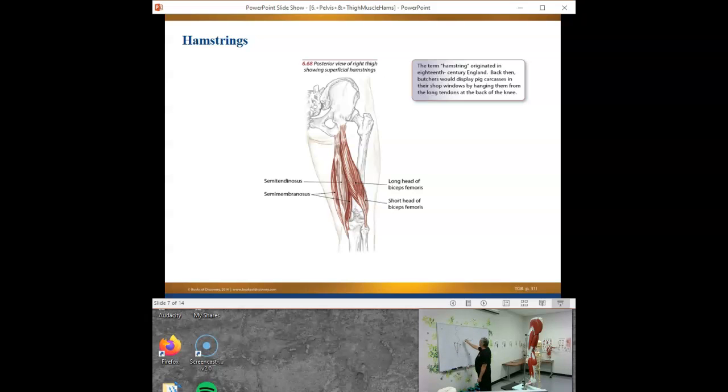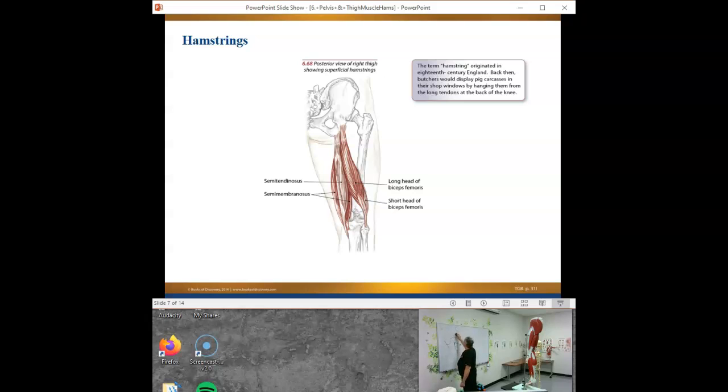If I create a hip that's even more anteriorly tilted, it wants to throw my head out here. My head can't be there, so my head has to get over here.